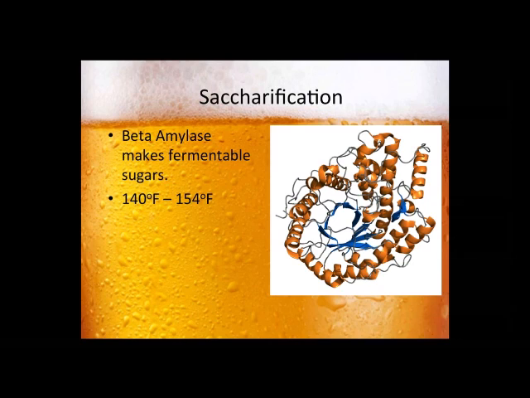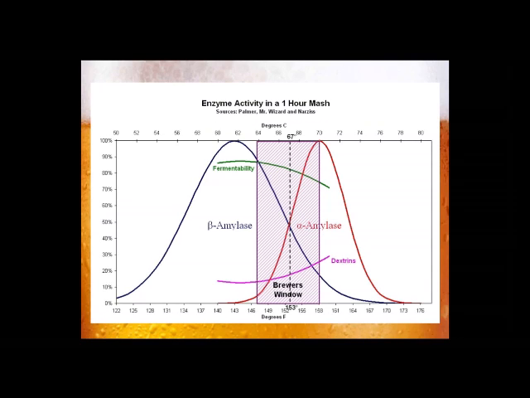So we have two different temperature ranges, one for beta amylase, one for alpha amylase. This image is taken from Palmer's How to Brew Beer, and it shows you the overlap of where beta amylase and alpha amylase work the best.